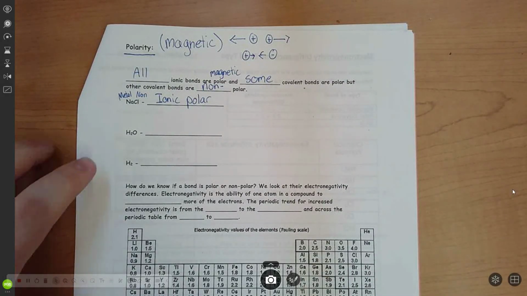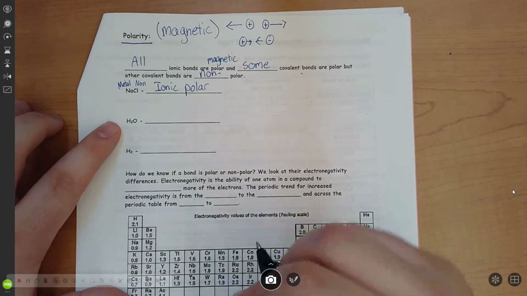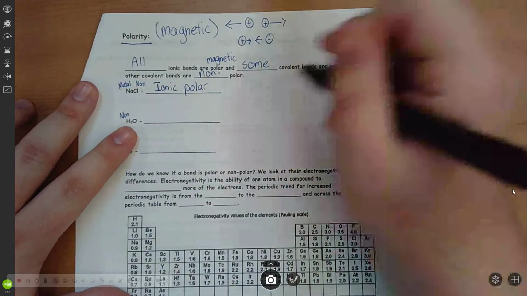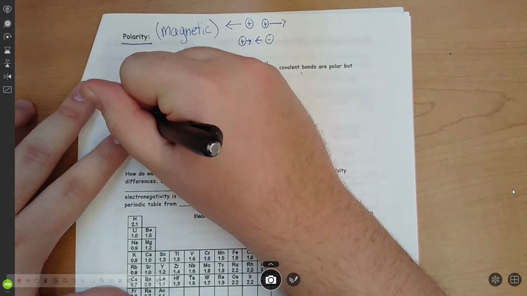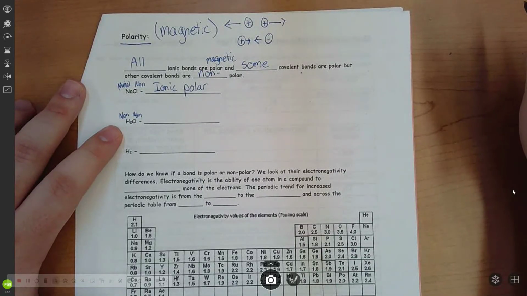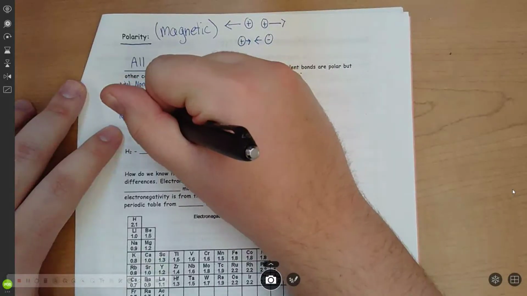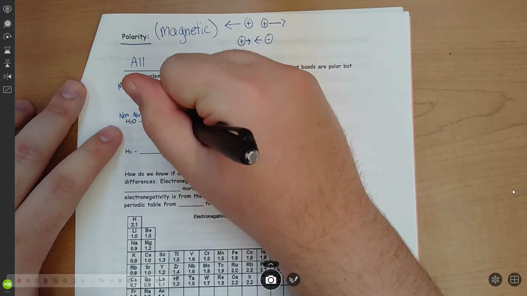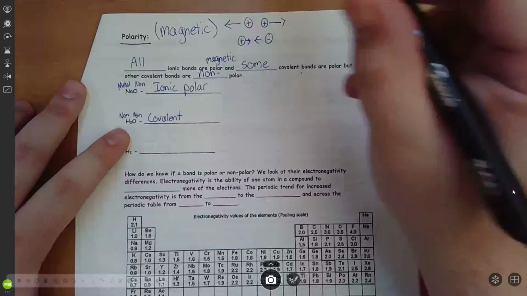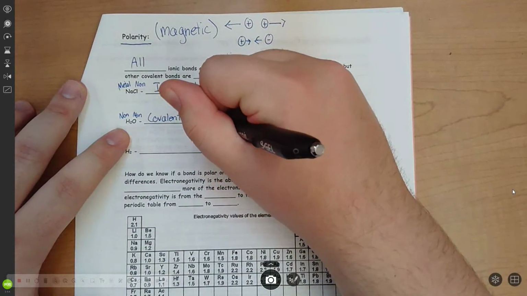Next one down, hydrogen is a nonmetal, and oxygen is a nonmetal. Thinking back to the notes we did last time, when we have two nonmetals, that is a covalent bond. In this case, H2O, water, is a polar covalent bond.